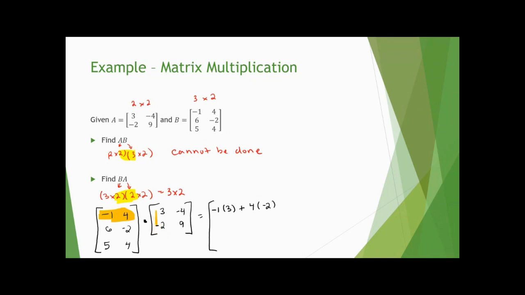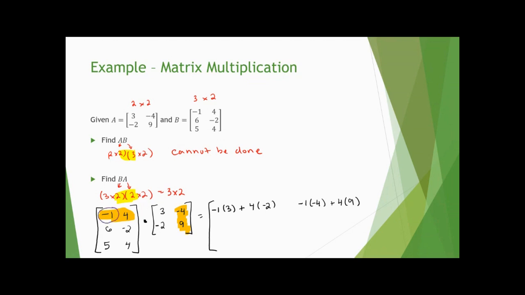Then I'm trying to be very careful about how I'm multiplying. Now we take that first row and then we multiply it by the second column, and that will get you your next entry. So I have -1 times -4 plus 4 times 9. So we're going to get a 3 by 2. We're going to have 2 columns. So that's forming the second column.